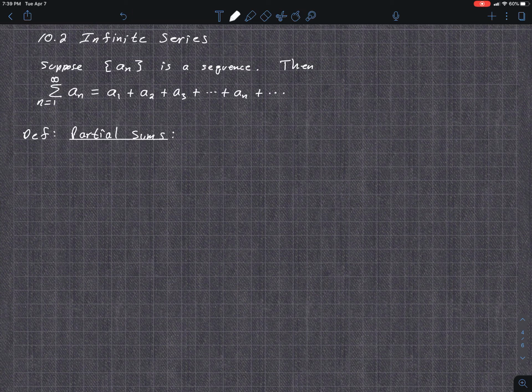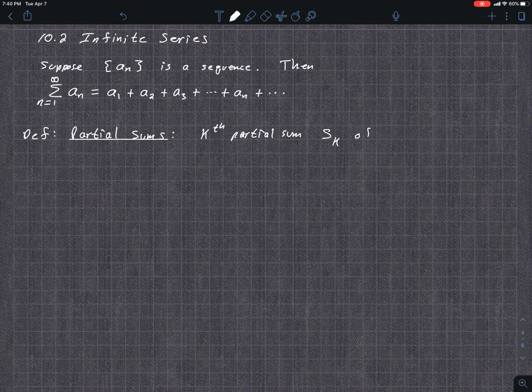So partial sums, sometimes referred to as the kth partial sum. So the kth partial sum looks like this.